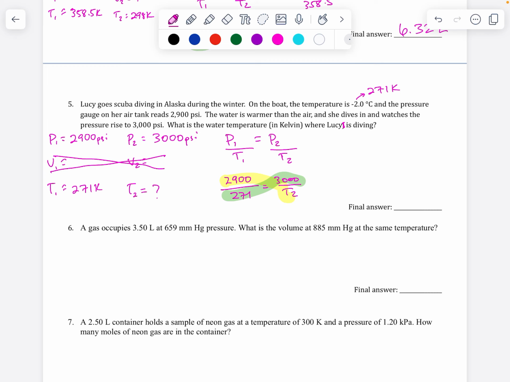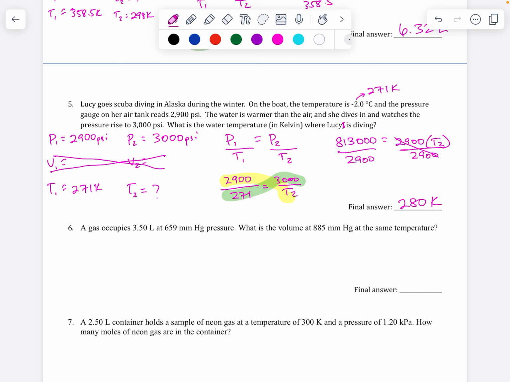We get 813,000 equals 2,900 times T2. Divide both sides by 2,900. And we end up with a final answer of 280 Kelvin.